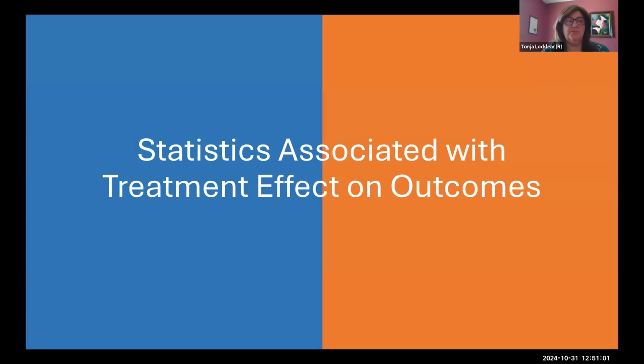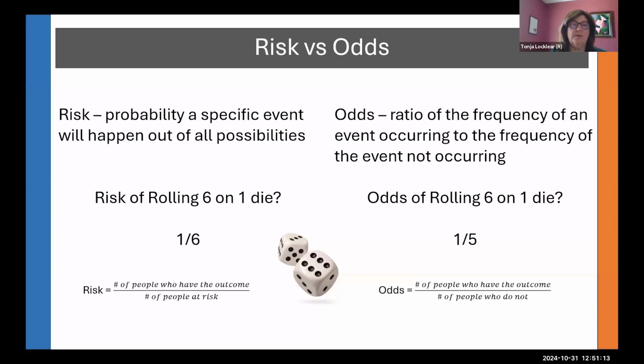Okay, so now we're going to jump from hypothesis testing and the types of statistical tests that we would use into statistics associated with treatment effect of outcomes. We're going to talk a little bit about risk versus odds. I've always liked this example because it's very quick and easy to explain the difference between risk and odds.